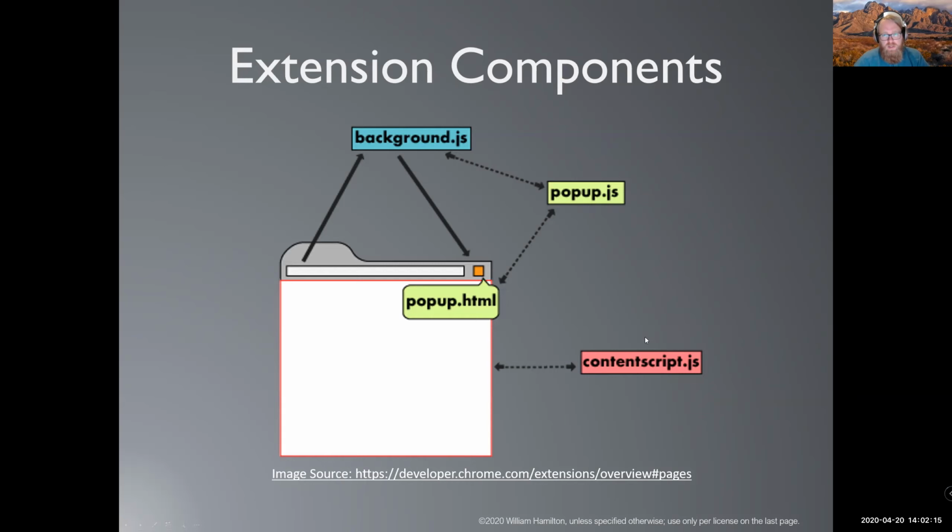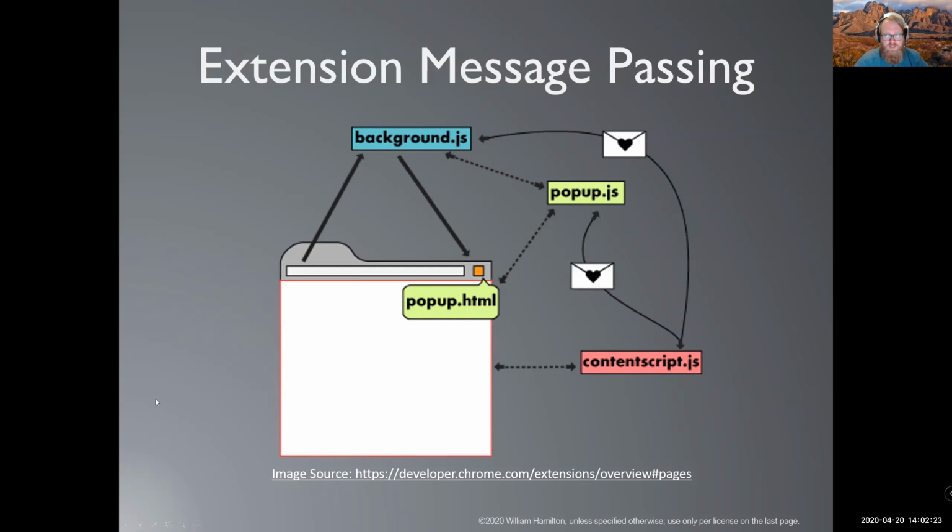And so in order to coordinate all of these and make them interact, we have to use message passing. This is very similar to how I would think about sending messages with Socket.io.